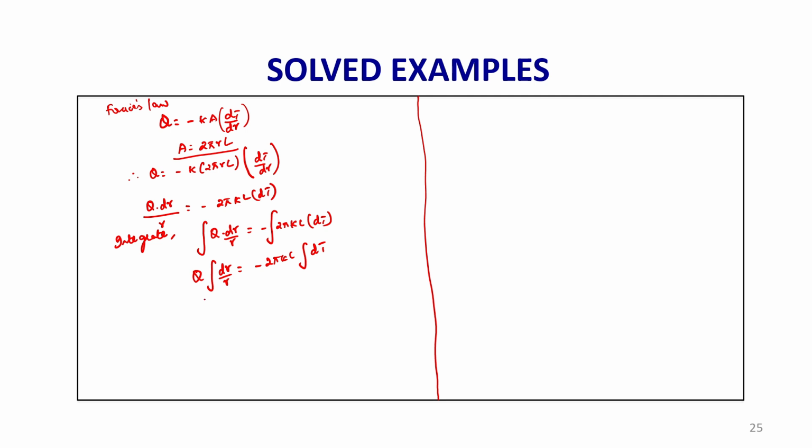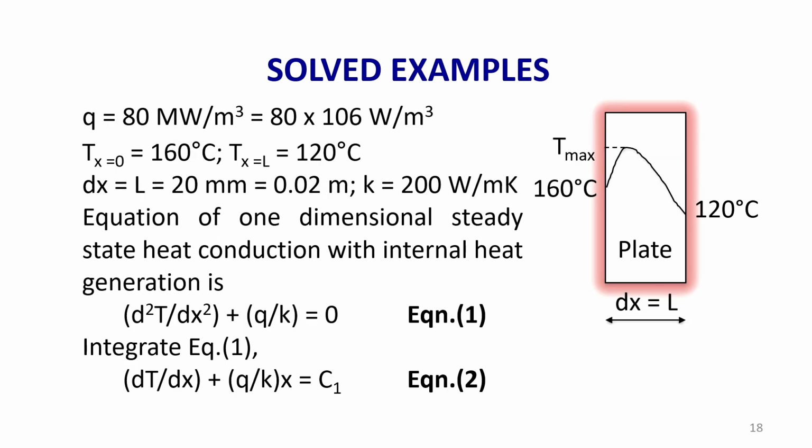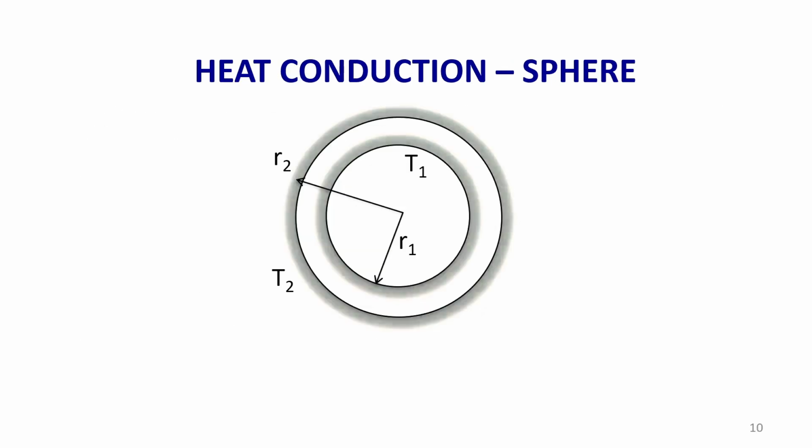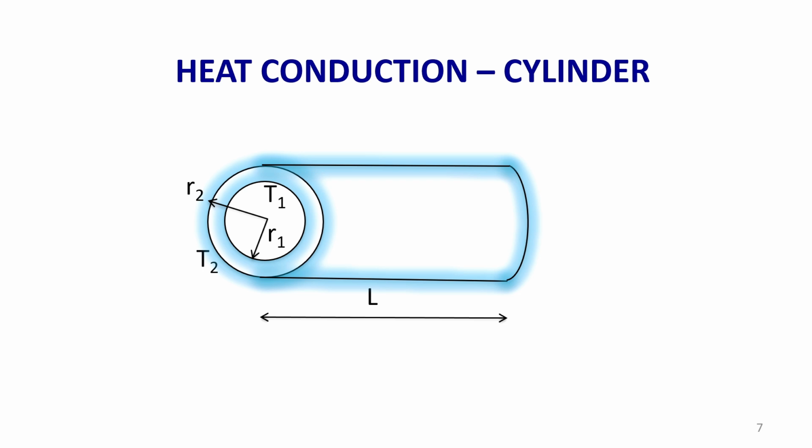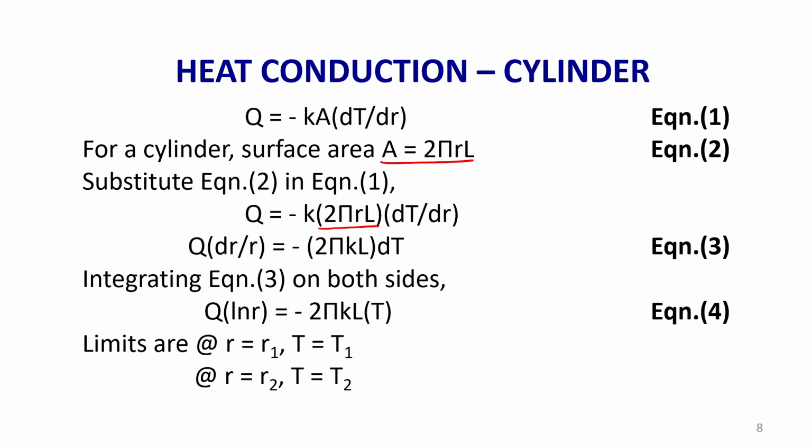Now the limits. If you look at the diagram, at the radius r1 the temperature is T1, and at the radius r2 the temperature is T2. So, the limits will be: when r equals r1, T equals T1, and when r equals r2, that is at the outer radius, the temperature is T2.